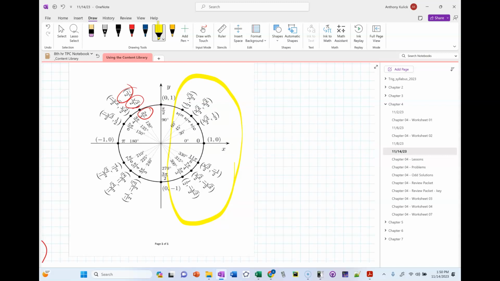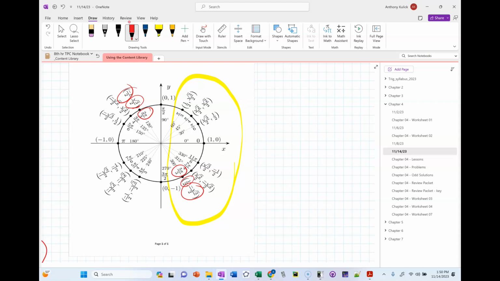So I'm going to look for either where x is positive 1/2 and y is negative root 3 over 2, or where x is negative 1/2 and y is positive root 3 over 2. Well, I know that x can't be negative in quadrants 1 and 4, so I have to be looking for the spot where x is positive 1/2 and y is negative root 3 over 2. So that's 5 pi over 3. Are you okay with that?